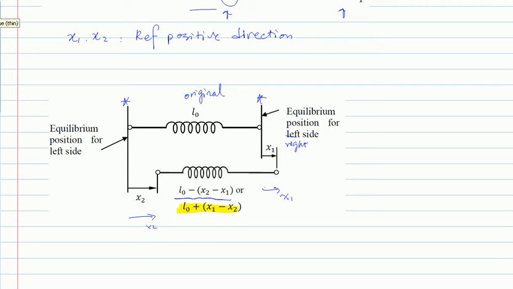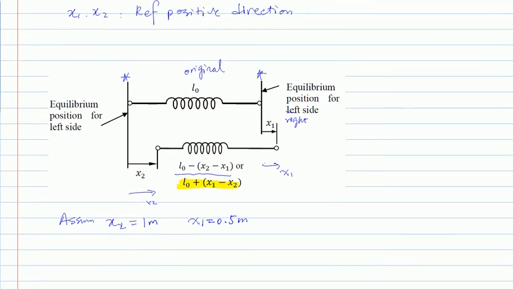Then you probably ask, what about the net change of the length of the spring? I'm going to use real numbers here to illustrate the idea. Let's assume I have a motion where x2 equals 1 meter and x1 equals 0.5 meter.